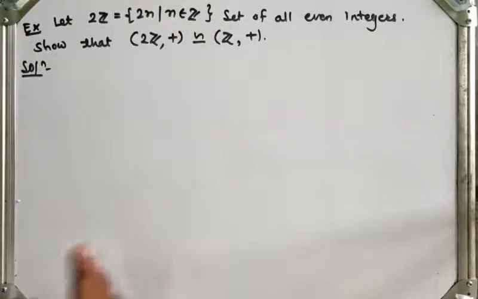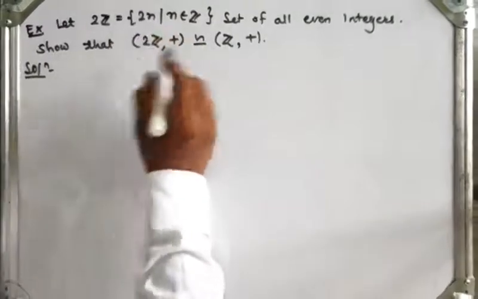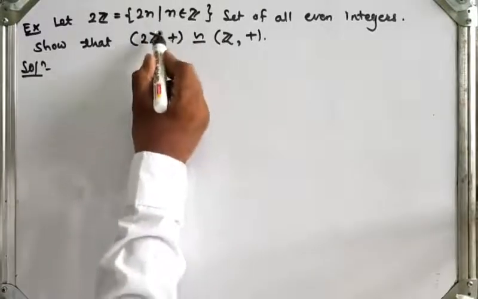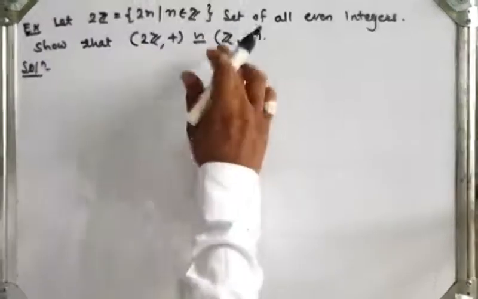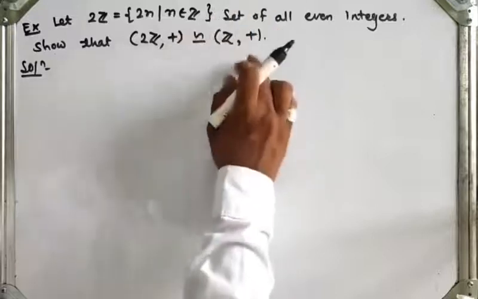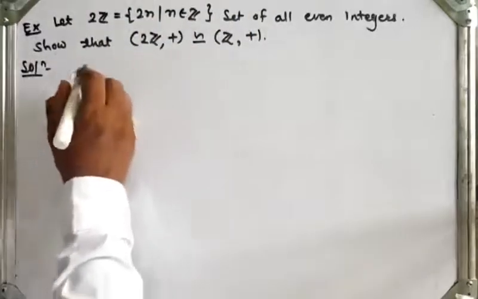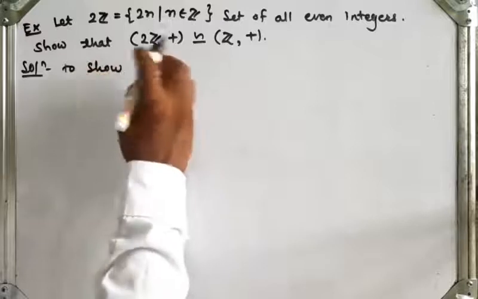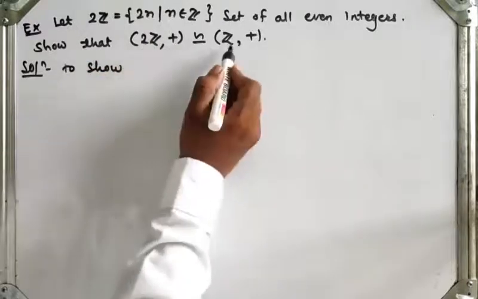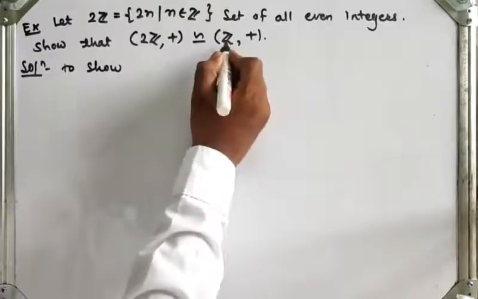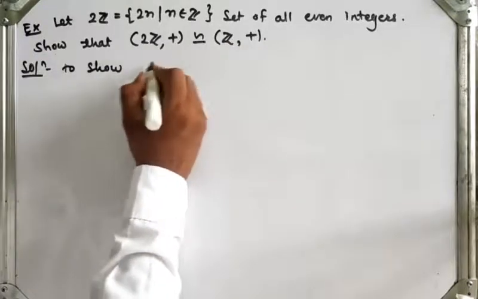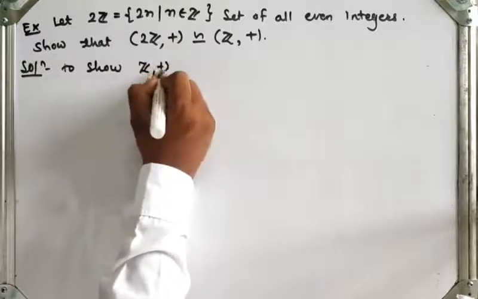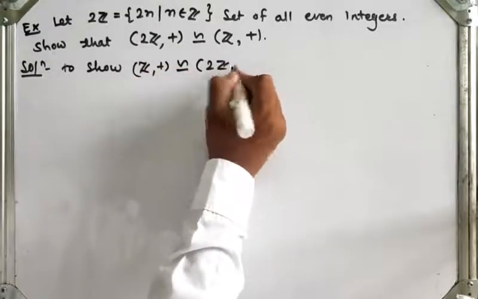First we will define the function, with this as the first set and this as the second set, such that its domain is 2Z and its codomain is Z. Or we can take it the other way: we can show in both ways, so I will show that Z under addition is isomorphic to 2Z under addition.